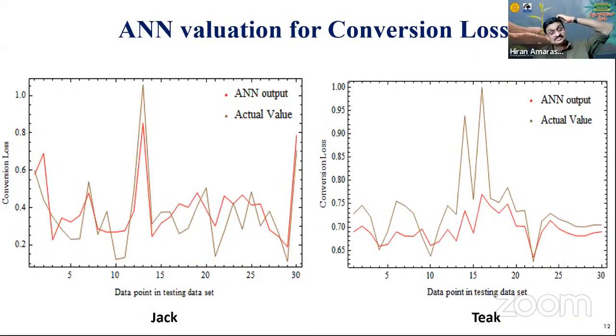These figures show the network output with actual values of conversion loss of each log in the testing data set. Red and brown colors represent the network output and actual values respectively. Here, network output has the average behavior of actual values.